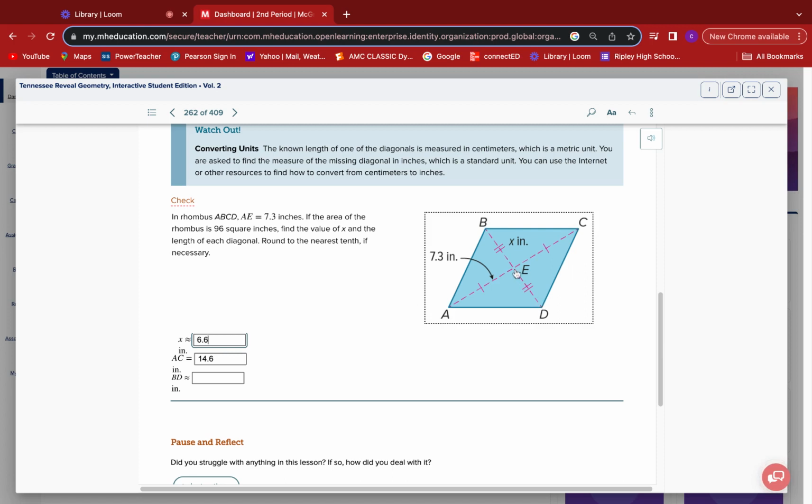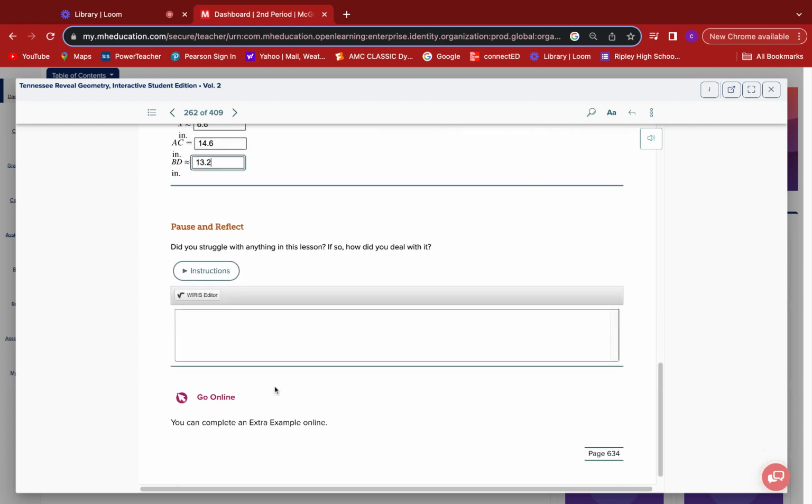D to E, also 6.6. But they want BD. So take your 6.6 from the top, add it to the 6.6 at the bottom. So double that, 6.6, and you're going to be looking at 13.2. There's your length from B to D, everybody. Woo-woo. All right, we are done.